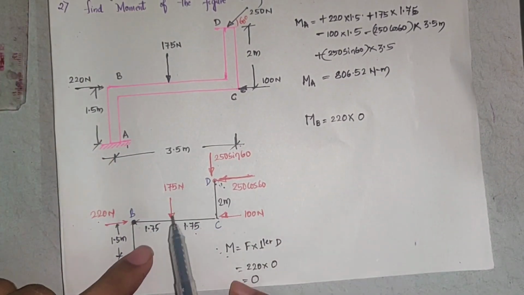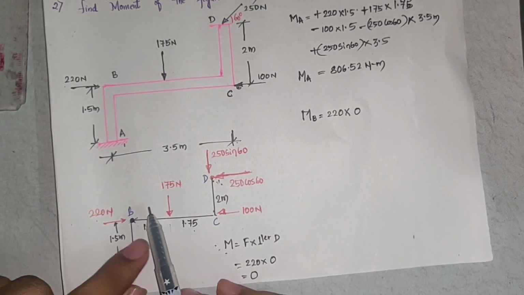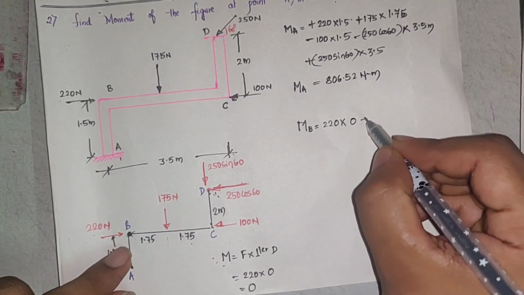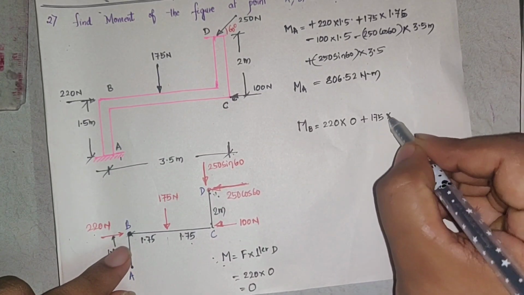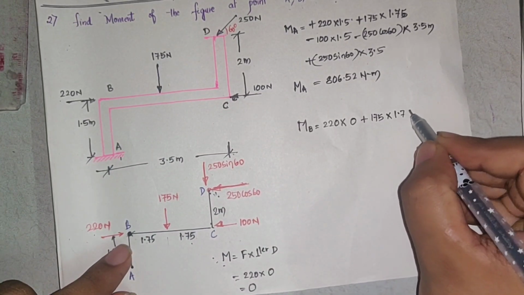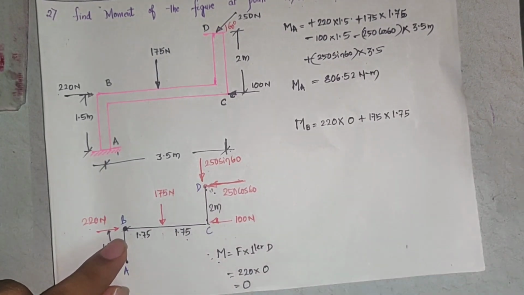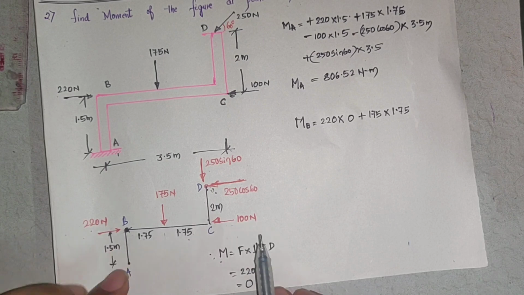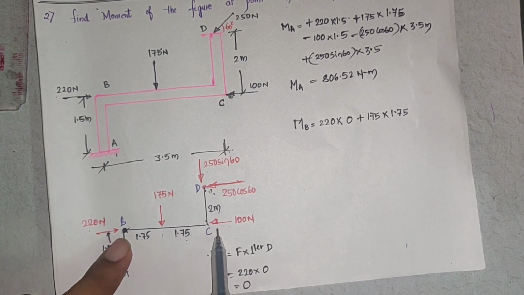Similarly, what is the rotation caused by 175 Newton about point B? 175 is rotating clockwise, so this is plus 175 into the perpendicular distance 1.75. Then the next force, 100 Newton. Point B is here and 100 Newton is here.